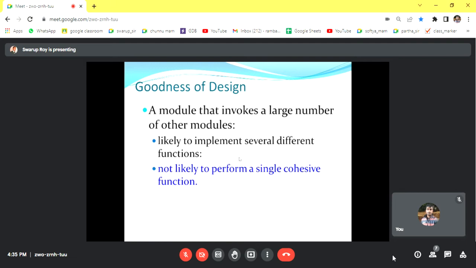And if you are taking the help of many functions for this kind of dependency, it means that your task is not highly dedicated to a particular task. So it's not likely to perform a single cohesive function. Single cohesive function means all are dedicated to perform a particular task.